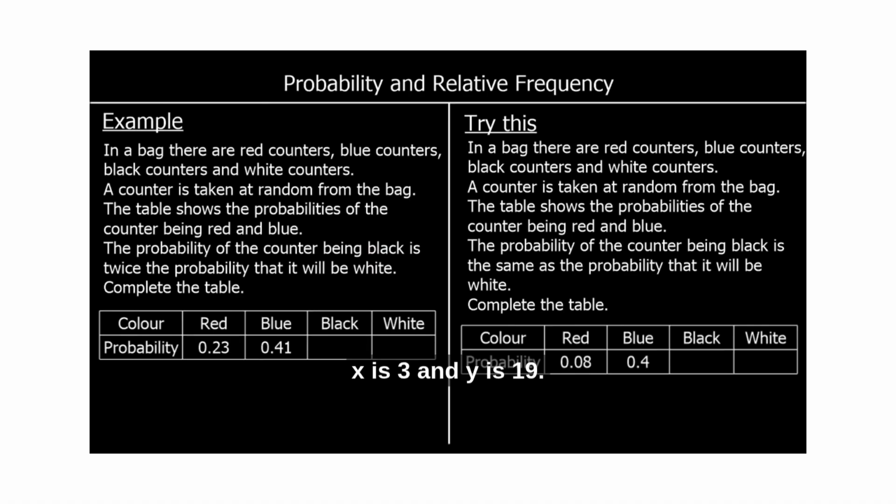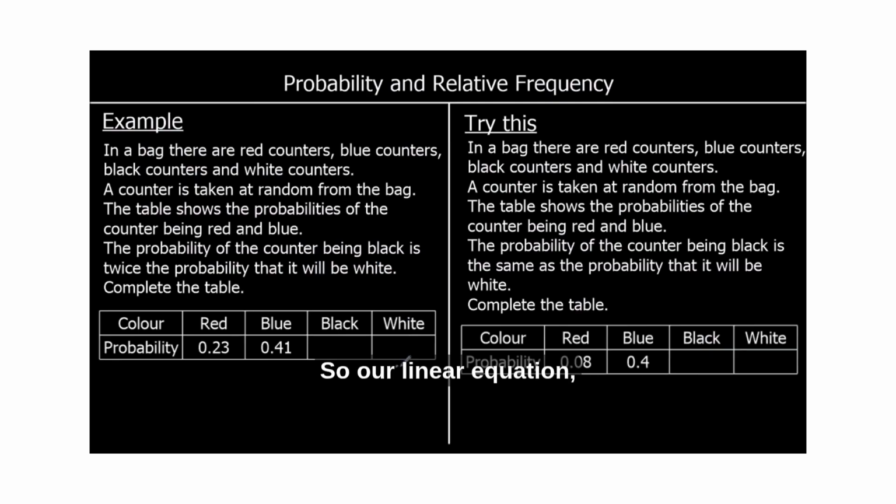Here is another question. So again, we've got a bag with counters. We've got red counters, blue counters, black counters, and white counters. A counter is taken at random from the bag, and we've got probabilities of red and blue. We're told the probability of the counter being black is twice the probability that it will be white.